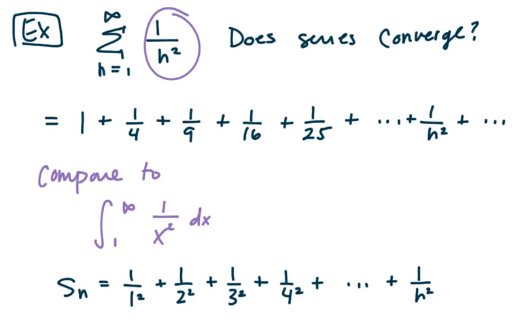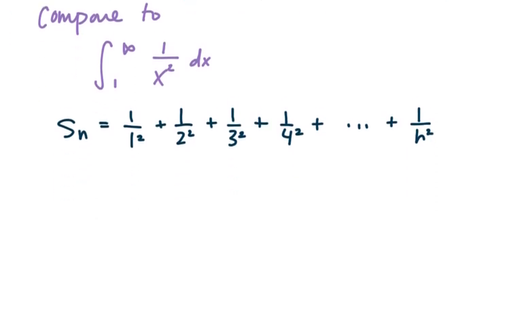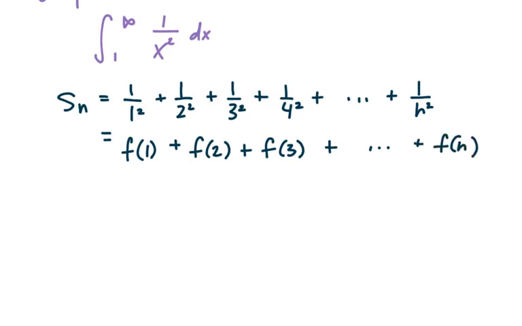So essentially we're taking 1 over x squared and treating it like a function, and we're plugging in these terms sequentially. So if I think about it as a function, I can write f of 1 plus f of 2 plus f of 3 all the way up to f of n.